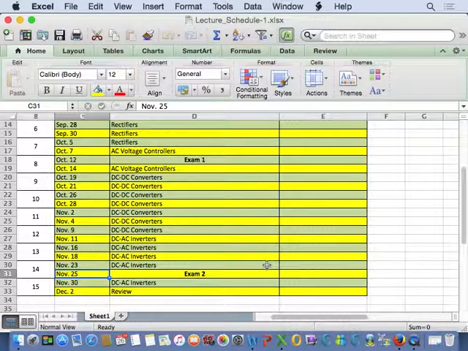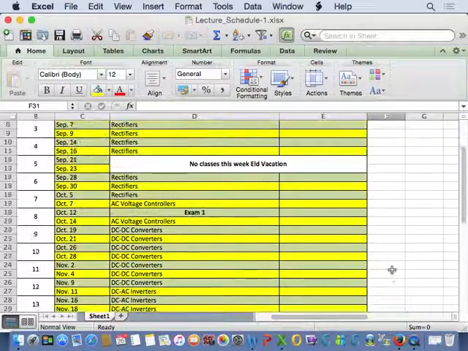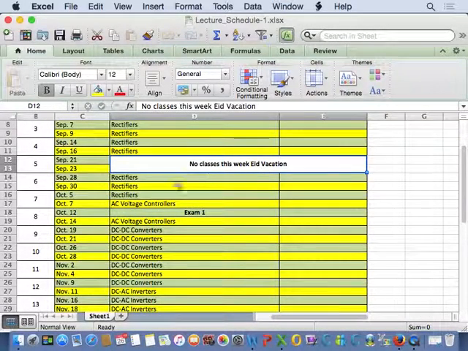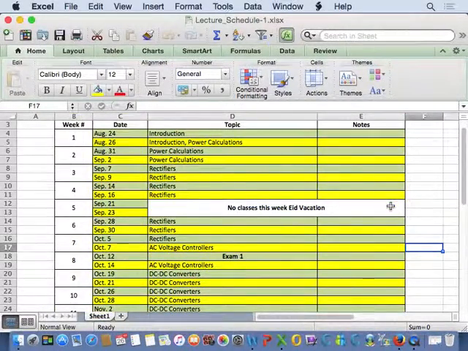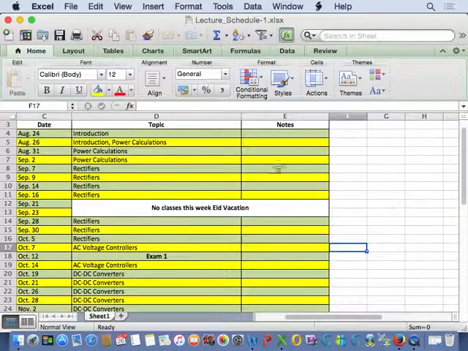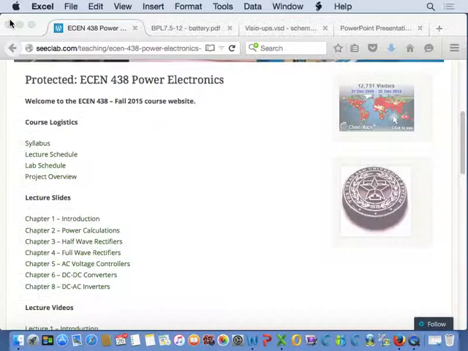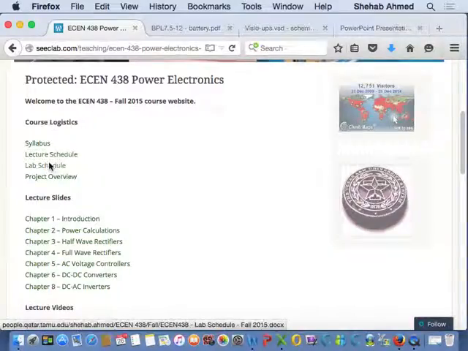These will be your 2 exams during the semester. This is Eid break. I just found out that I may not be here the week after Eid break also, so we'll see what happens. I'll modify that accordingly, but this is the latest lecture schedule as far as I'm concerned. And the lab schedule is here as well.